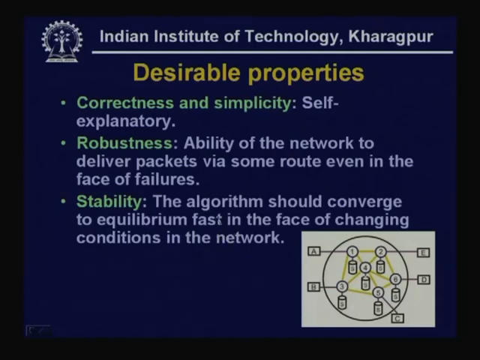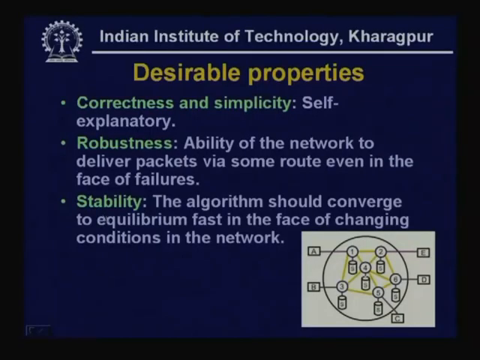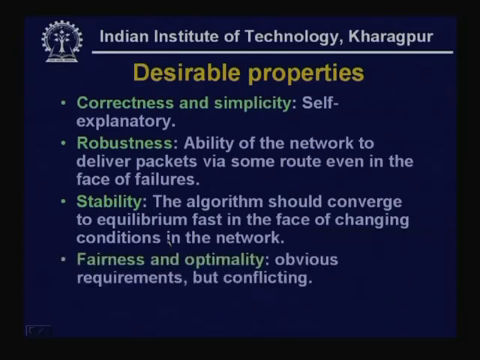So, that is why it is important that the algorithm should converge to equilibrium first in the face of changing conditions of the network. So, even when the loads are changing, even when there is some failure, the routing algorithm should be stable and should converge to equilibrium quickly. This is the important property of the routing algorithm.